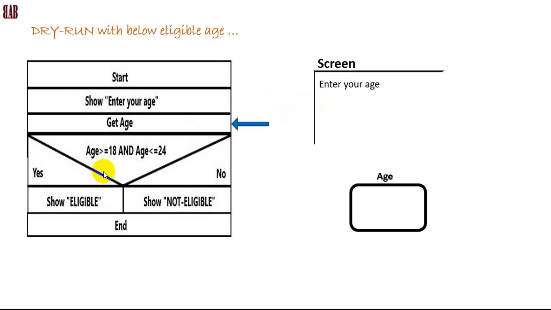Now let's say the user types a number below 18, a lower value. Let's say it puts 15. Then this will be accepted by the variable age, so age will become 15. After this acceptance, we are going here. Now this condition will evaluate to a false because this is outside this range.